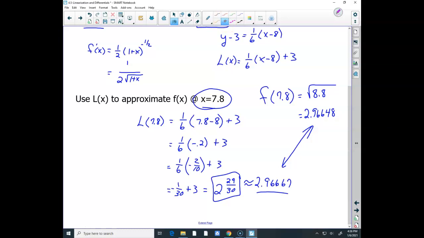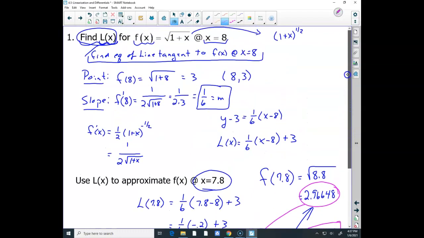As a matter of fact, they are within 0.00019. Is that an error you could live with? Is it easier to get this than it is to get this over here? Now, I know some people are going to argue and say, I'm really good at estimating, and you're right, but this is a basic example, not a super ugly function, and you've seen some bad ones.